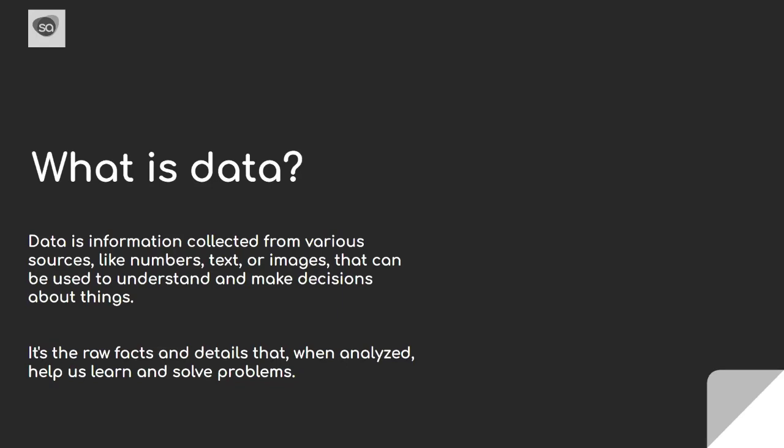If you just have one image, that one image can't really do so many things. But when there's a collection of images, when you put all the images together and then you analyze them, you can create something meaningful out of it, right? So data is essential because it helps us make very informed decisions.